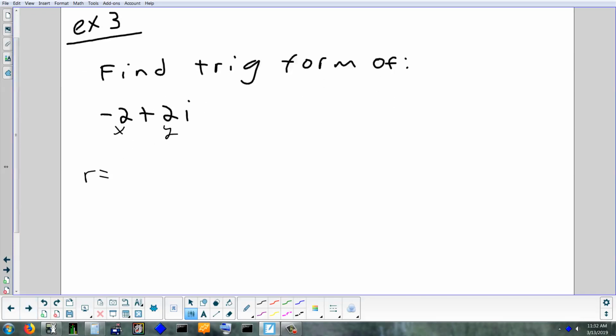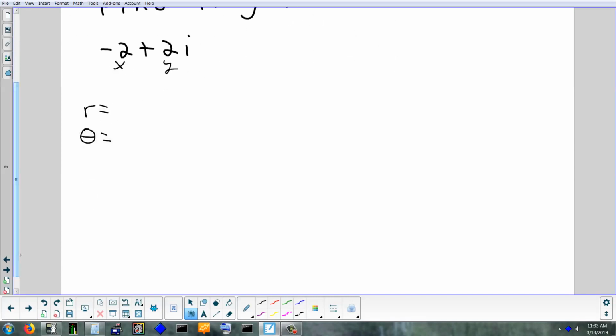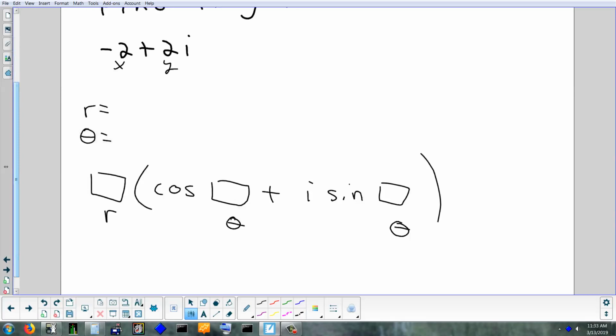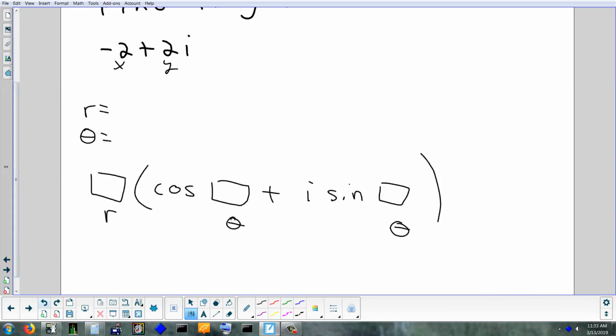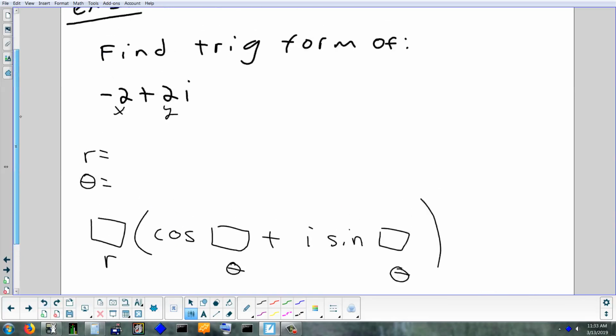R and theta, yes. So we have to calculate those 2 things. And when we're done, our answer is going to look like this. We're going to put R in that box, cosine. We're going to put theta in that box, plus i sine theta. That's exactly what your final answer is going to be. Just fill in the boxes. Find R, find theta.